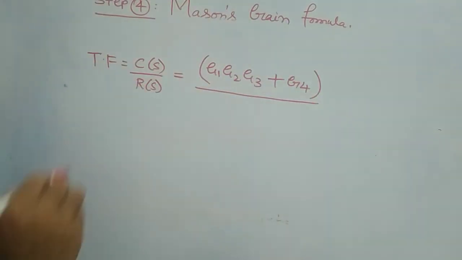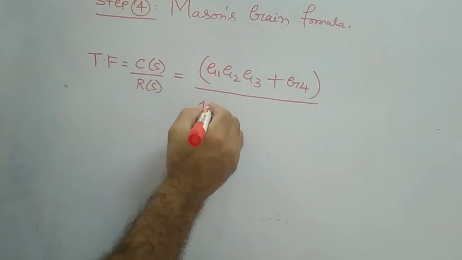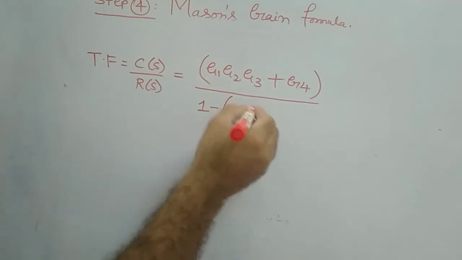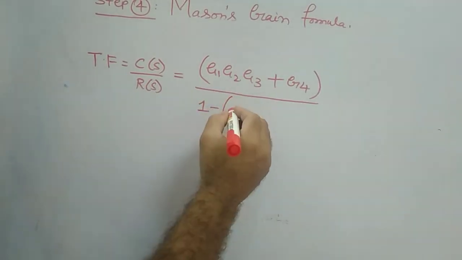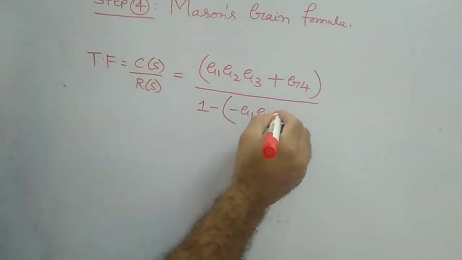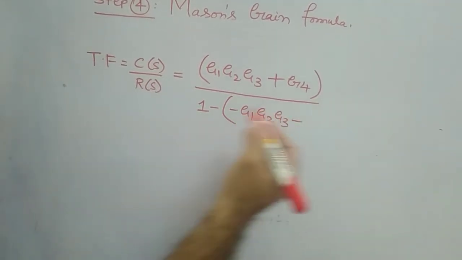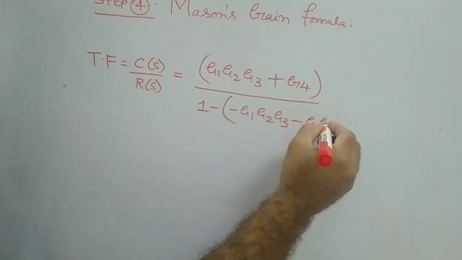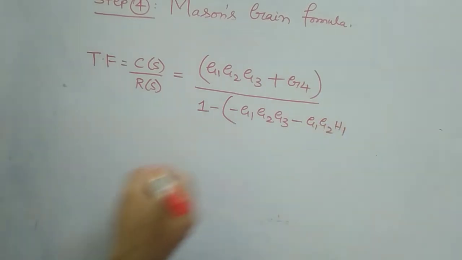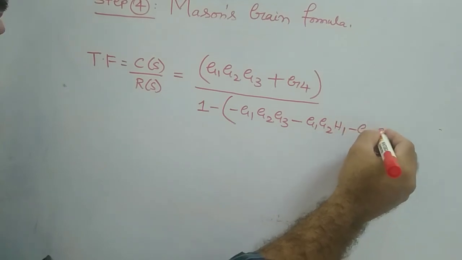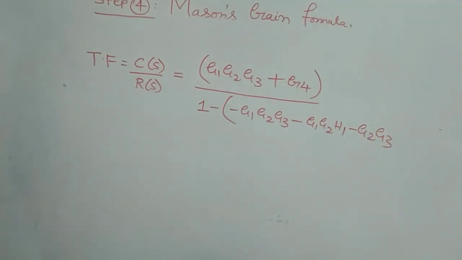Then what is the delta value? Delta value is nothing but 1 minus, what is L1? It is minus G1, G2, G3. What is L2? Minus G1, G2, H1. That is our L2. What is L3? Minus G2, G3, H2.